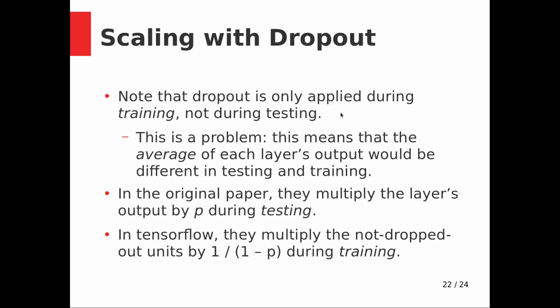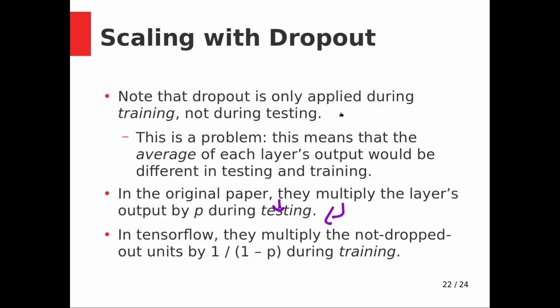Note that dropout is only applied during training, not during testing. There wouldn't really be any gain during testing time. So this is a problem. It means that the average of each layer's output would be different between testing and training.